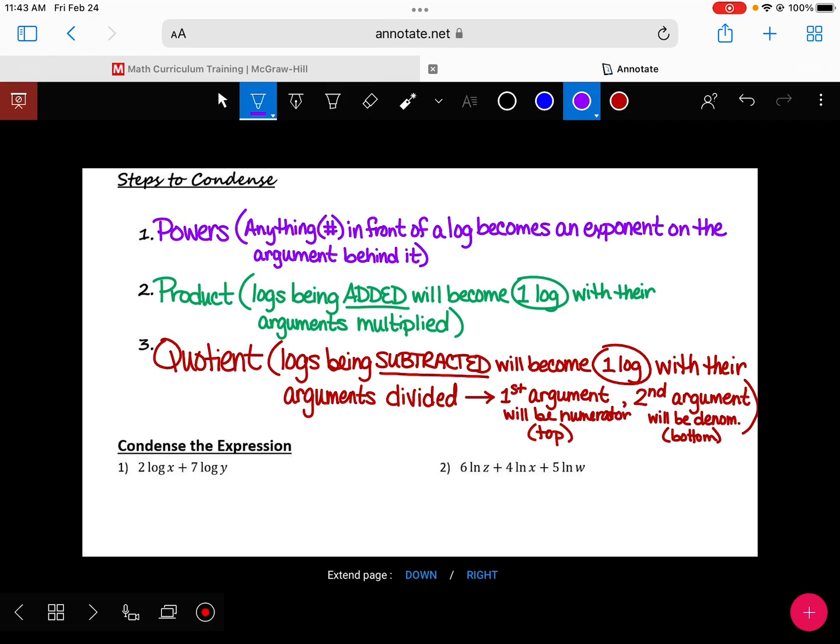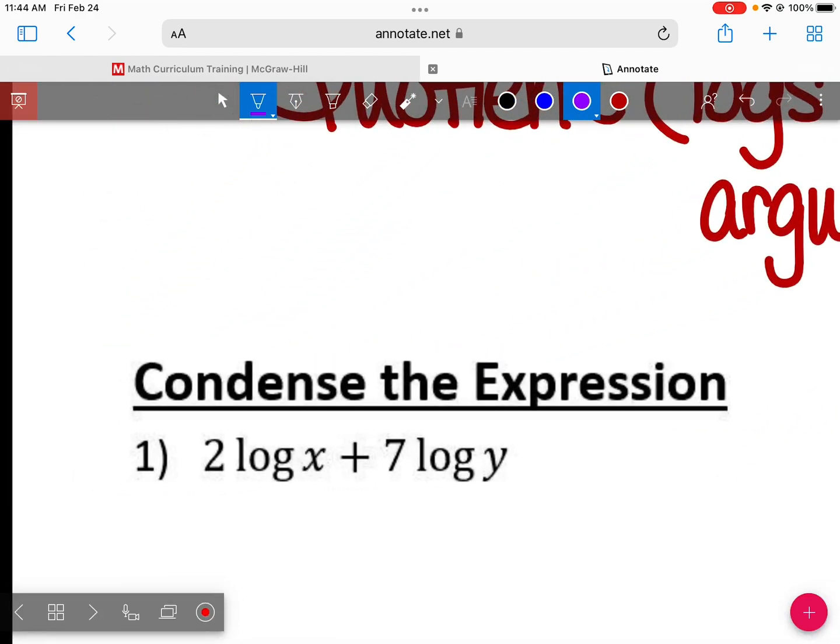So looking at the first example, it's way down at the bottom of my screen, hopefully you can see it. Since I'm going backwards, I want to condense this down. We start with powers. Any number in front of a log becomes an exponent on the argument behind it. Are there any numbers in front of logs? Yes. What are the numbers in front of the logs? 2 and 7. So 2 becomes an exponent on the x right here.